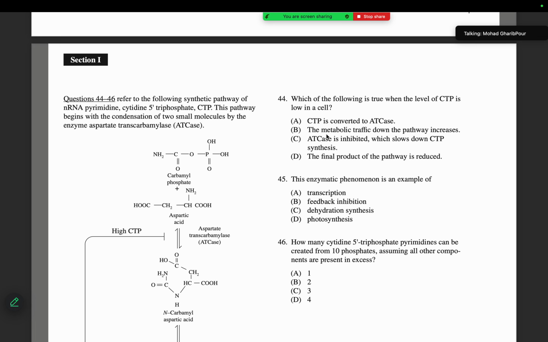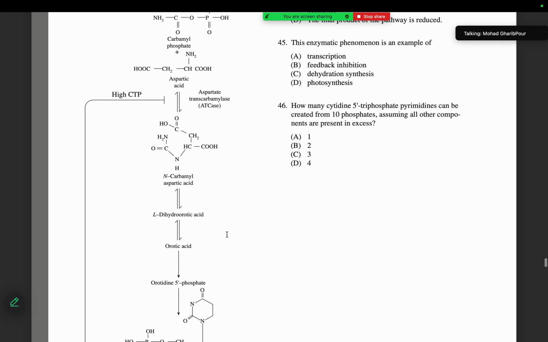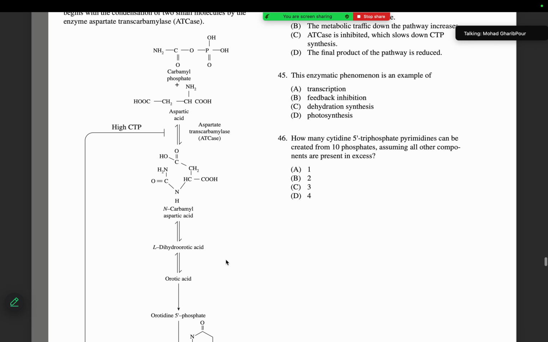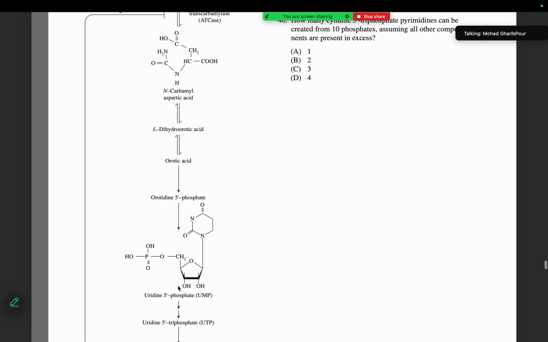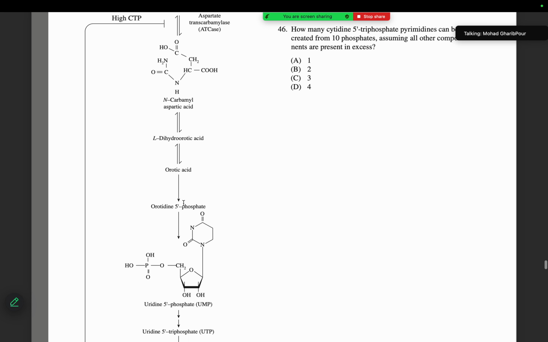B, the metabolic traffic down the pathway increases. What that kind of means is that you have an accumulation of these molecules.